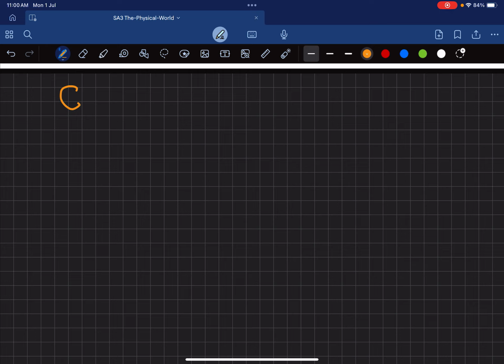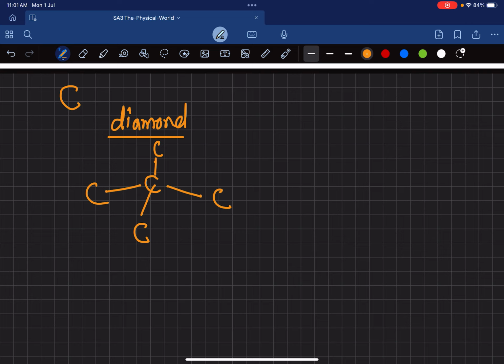In many different ways. For example, one of the arrangements is what we know as diamond. In the diamond arrangement, each atom of carbon is bonded to another 4 carbon atoms. Then each of these carbon atoms is further bonded to another 4 carbon atoms.